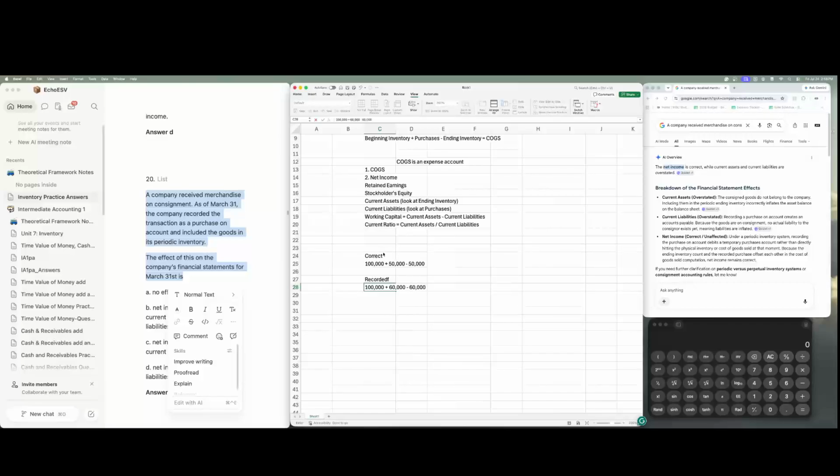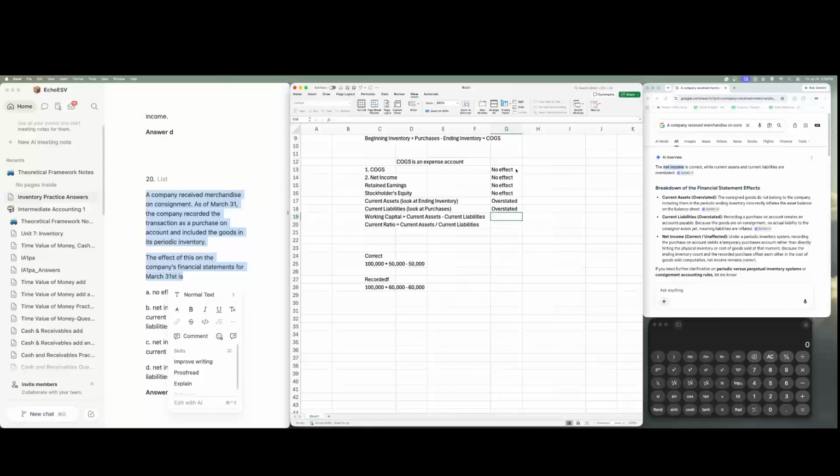But the thing about this is that they've overstated not only the purchase, but they've also overstated the ending inventory. So the cost of goods sold will not change. So there's no effect on the cost of goods sold, and no effect on the net income. But it's still incorrect because the ending inventory is overstated, as well as the liabilities.